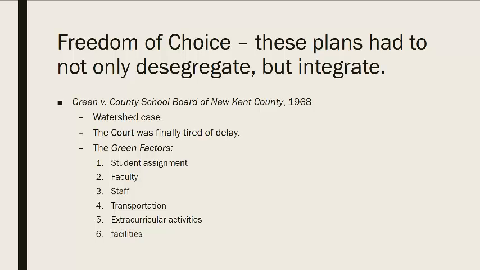So schools had to redraw attendance zones in order to get this student assignment ratio balance. Faculty also had to be representative of your population. In other words, if you had black teachers, and schools did, then those black teachers could not be concentrated in one school and all the other schools have white teachers. The same with staff. Transportation had to be provided where necessary.